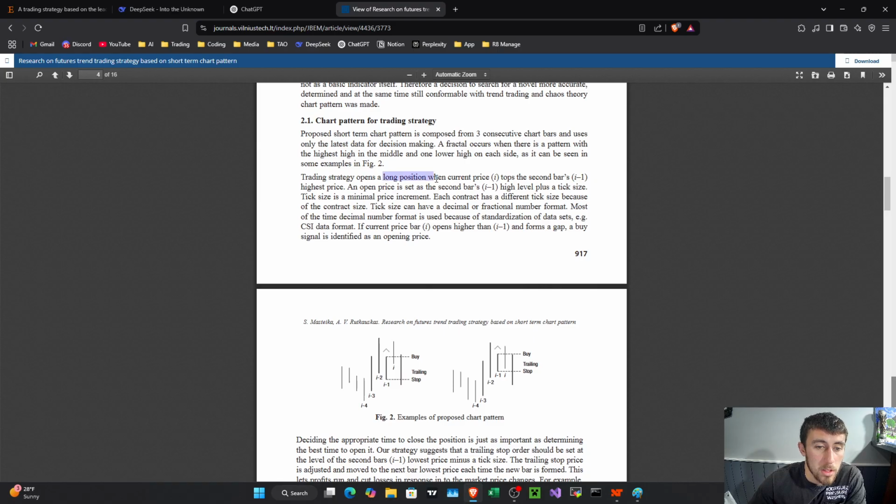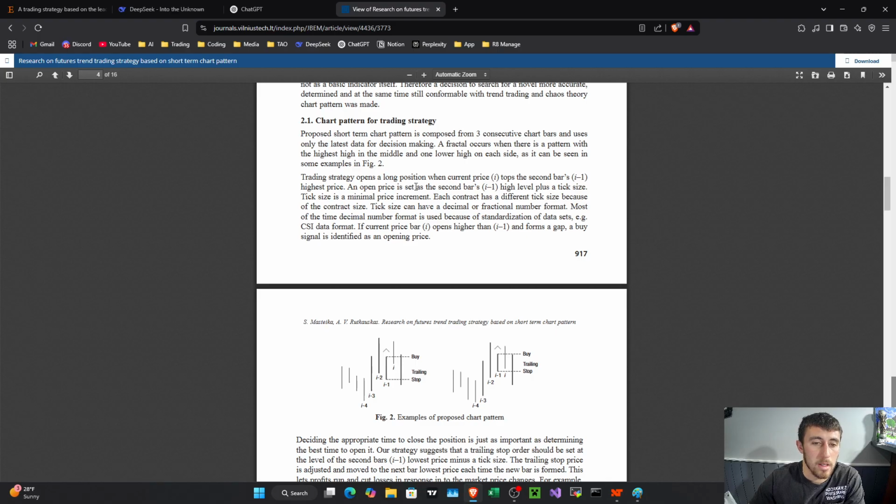Opens a long position when the current price tops the second bar's highest price. Yeah, this is a pretty terrible research paper because the current price is saying it's I, but I is an index for the current bar, so whatever. Tops the second bar's highest price.